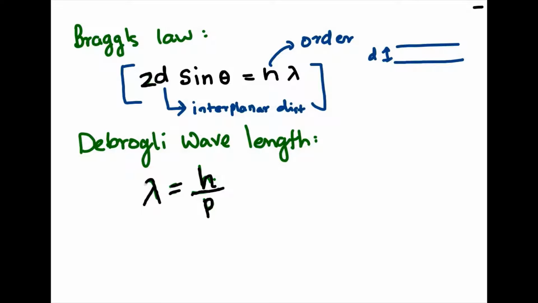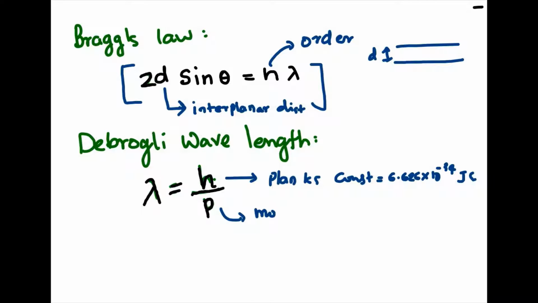According to de Broglie, the de Broglie wavelength lambda is equal to h by p. Here h is Planck's constant, and its value is 6.626 into 10 power minus 34 joule second. And here p is momentum.